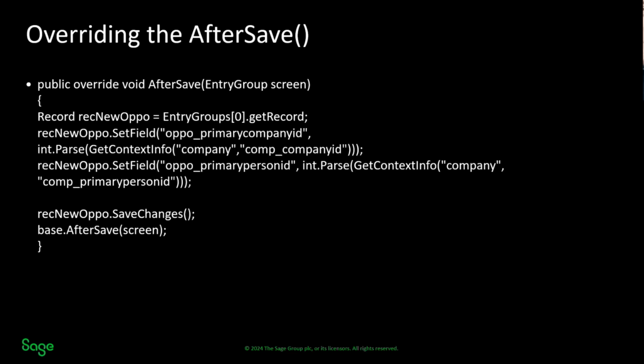There is an array then of screens within the page, and so this is getting hold of the first element, the first screen that's on the page, getting the record, and then being able to set those values. Okay.